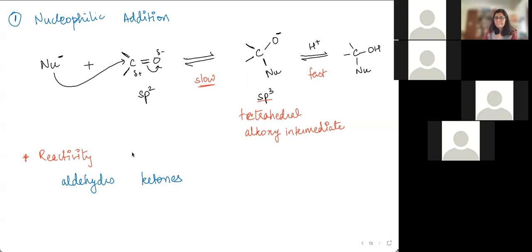Ma'am, because in aldehydes there's an oxygen, there is a hydrogen atom which is attached to the carbon, so it can easily let go of that hydrogen atom and form another bond. But why will it let go? Like these two bonds are intact. यहाँ पे जो है, they're preserved here. Hydrogen हो या कुछ और भी हो.